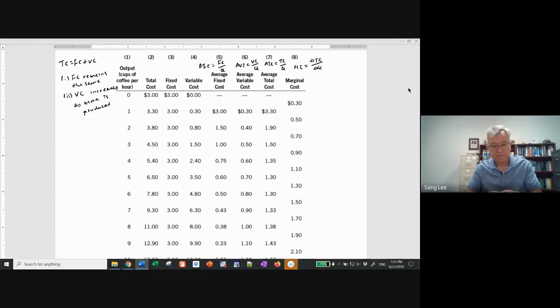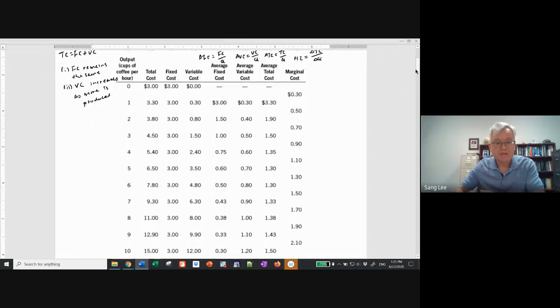So first, we can confirm here in this table that fixed cost remains the same regardless of the level of output. Whether you produce 0 output or you produce 4 units, fixed cost is exactly the same. On the other hand, variable cost increases as more output is produced.